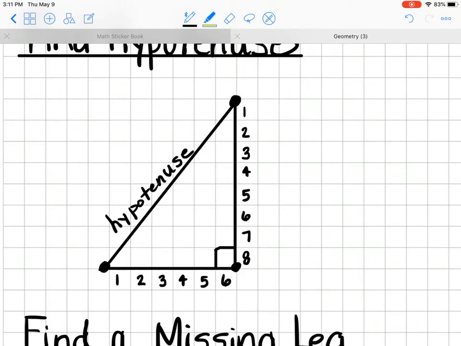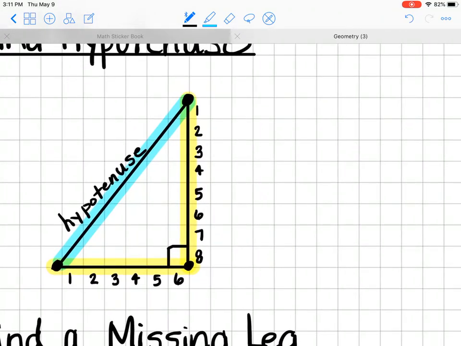And those are the legs. The legs are hooked to the right angle. So those are the legs of the triangle, and this is the hypotenuse. And that's what we're looking for in this problem. So we need to start with Pythagoras' formula, which is a squared plus b squared equals c squared.